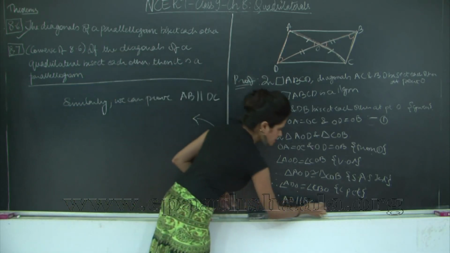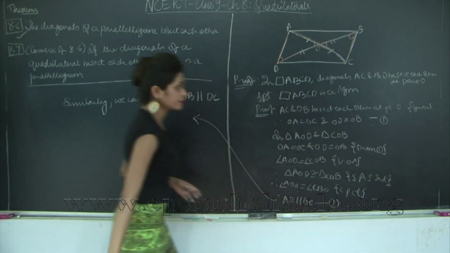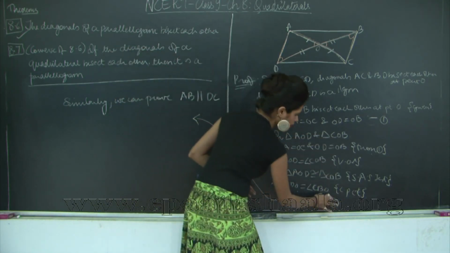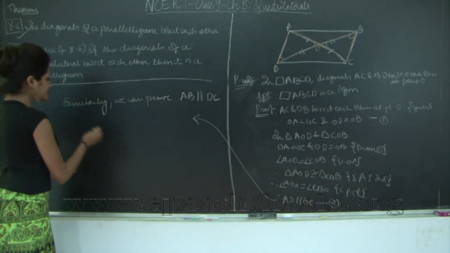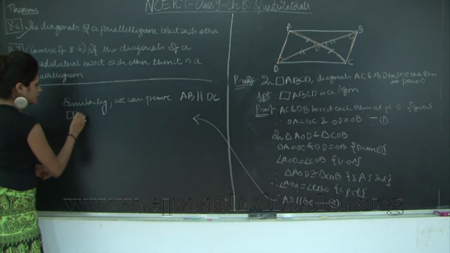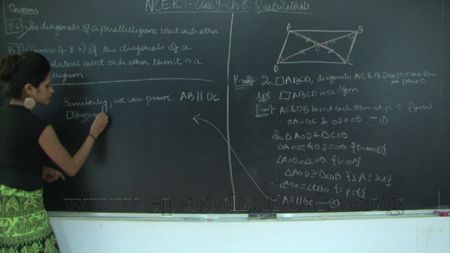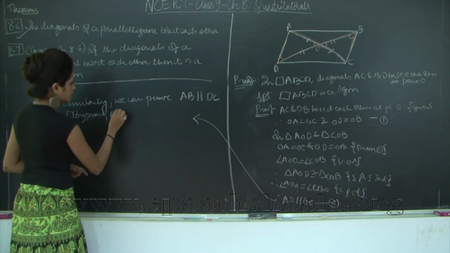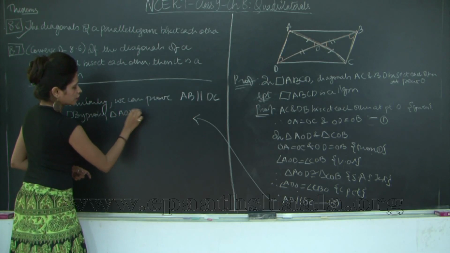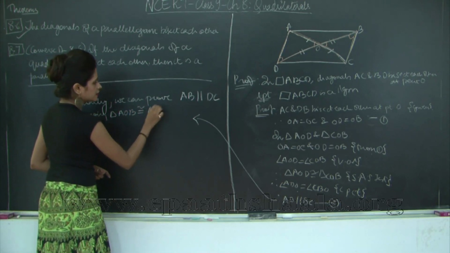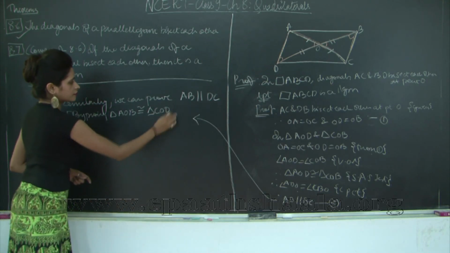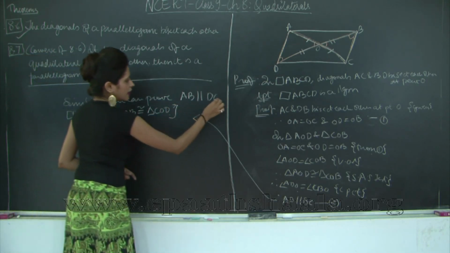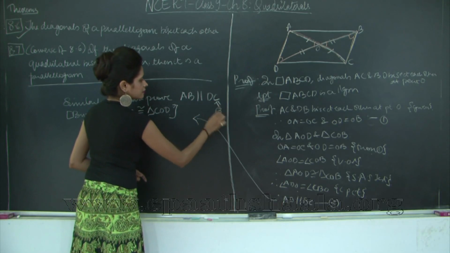Let's mark this as 1. Sorry, we already have a 1, so I'll mark this as 2. And in brackets, I will just write by proving triangle AOB congruent to triangle COD. And I'll mark this statement as 3.